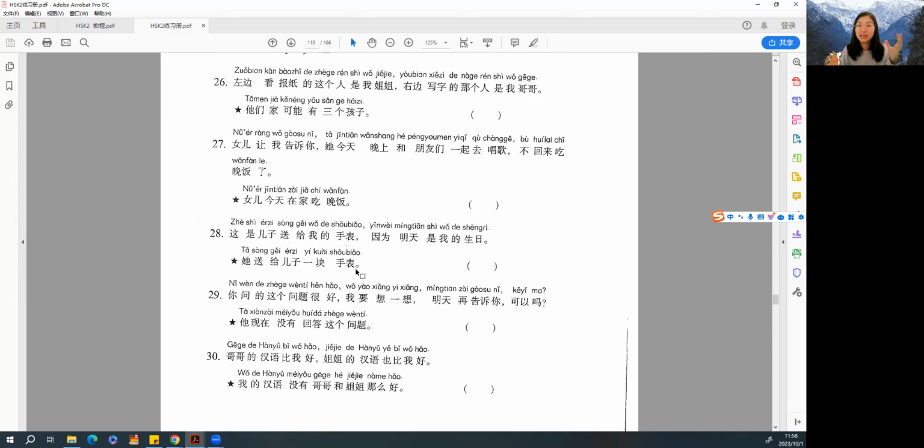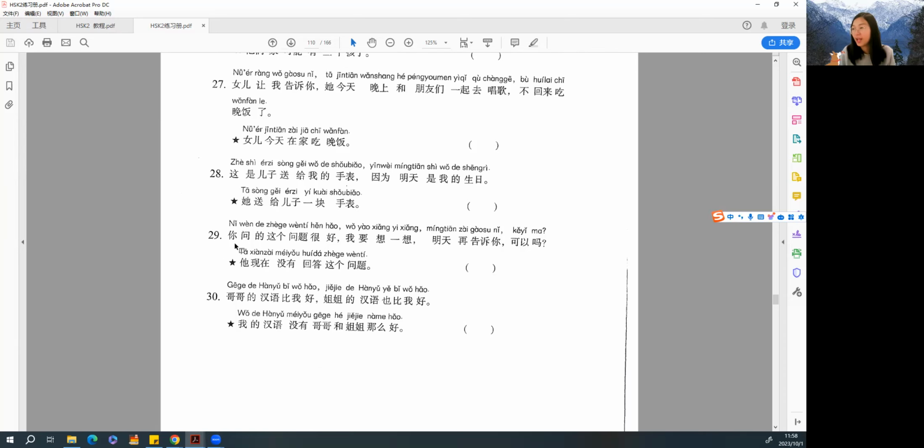It's the son who gave her a watch, not she who gave her son a watch. Please pay attention, read it slowly to figure out who and whom. It's a very tricky one. So this is not correct, of course.